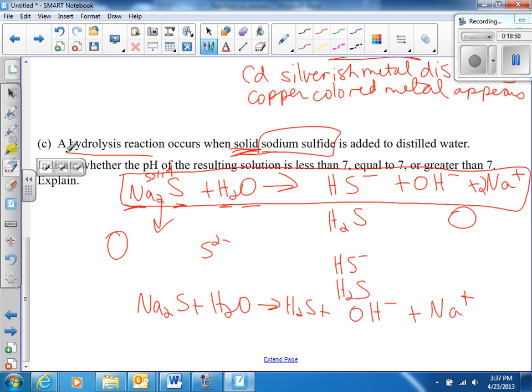Hang on, let's not do it that way, just so that we make sure that we're balancing this correctly. So H2S, NaOH, and now we'll balance 2 of those, and it's balanced. But now I need to split these. 2 Na plus, 2 OH minus. So either of those would be acceptable.